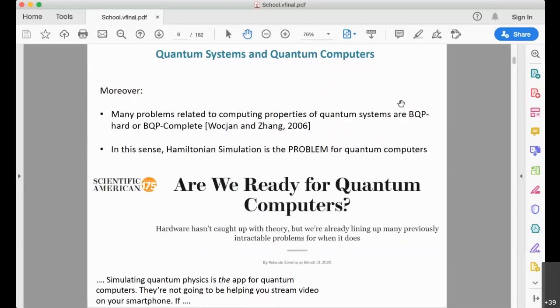So in this sense, Hamiltonian quantum simulation is the problem for a quantum computer. I recently wrote an article about this, and in my view, I think quantum simulation will be the application of quantum computers, at least the first applications for it, because we believe that there is an exponential speedup, and this problem is of broad importance, something that will be naturally implemented in such a computer.